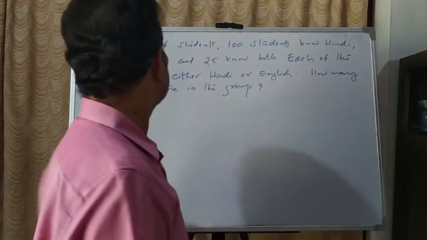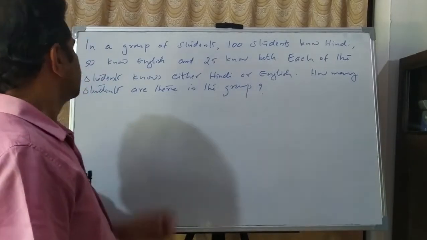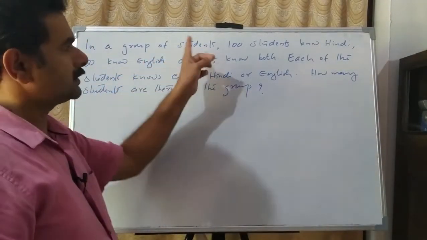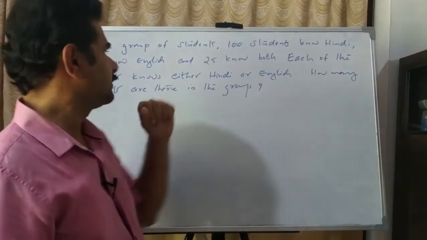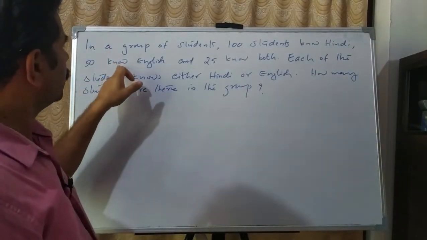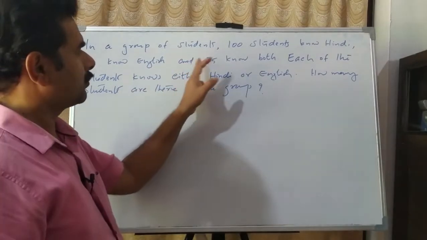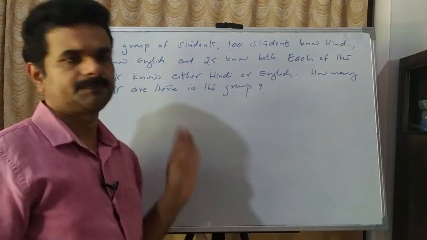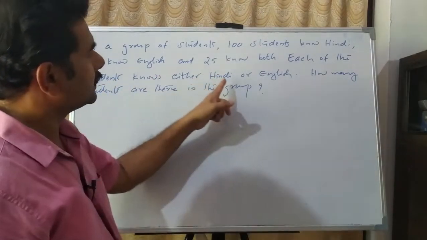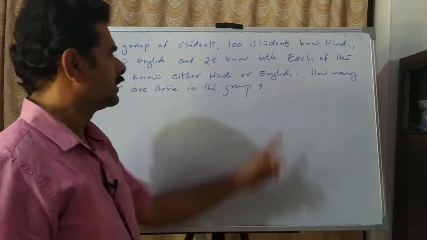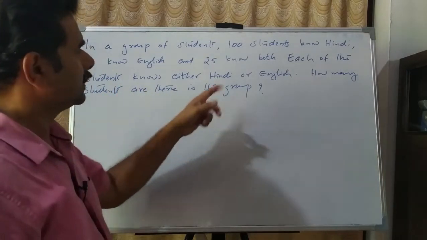Okay. See this question. In a group of students, 100 students know Hindi, 50 know English, and 25 know both. Each of the students knows either Hindi or English. How many students are there in the group?